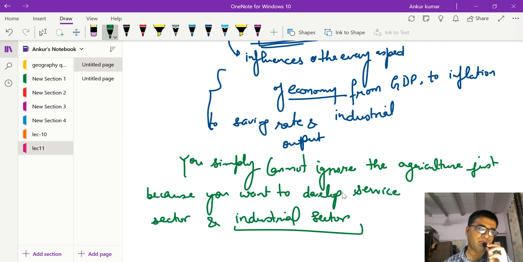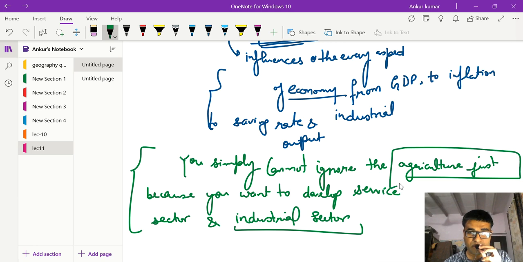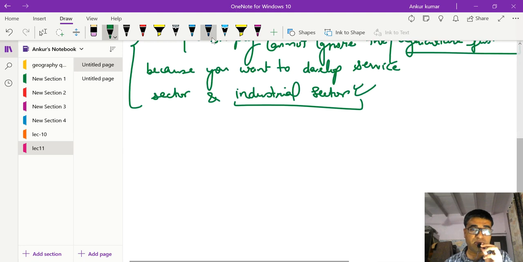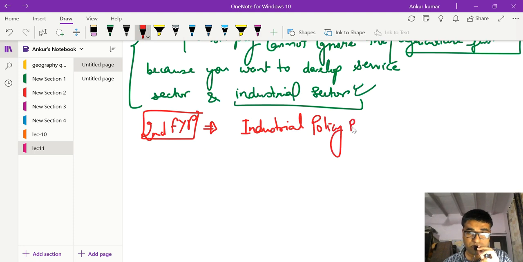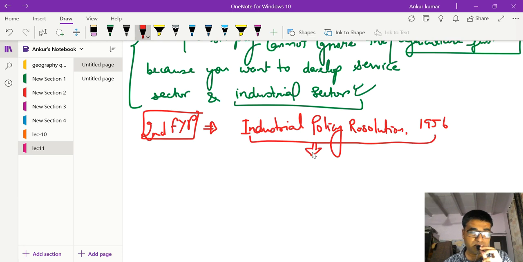A very striking example of this, when we ignored agriculture and tried to jump over to industry, was in the second 5 year plan. What happened in the second 5 year plan? We implemented the Industrial Policy Resolution of 1956, and we simply ignored agriculture in this decade.